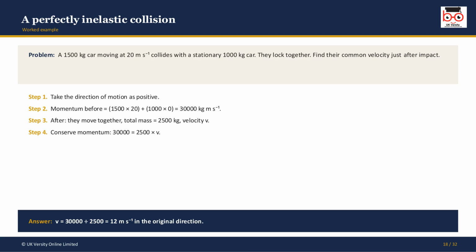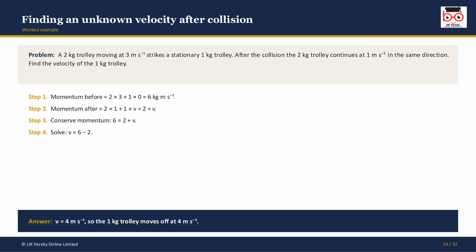Here's one where only one object is unknown. A 2-kilogram trolley moving at 3 meters per second strikes a stationary 1-kilogram trolley, and after the collision, the 2-kilogram trolley carries on at 1 meter per second in the same direction.